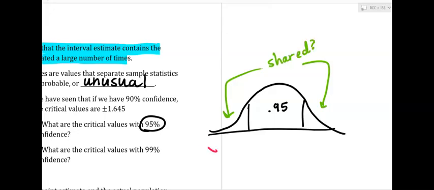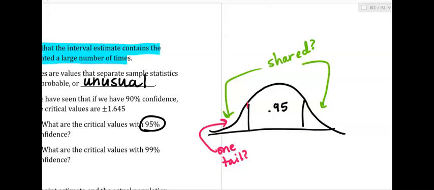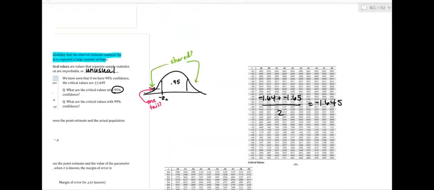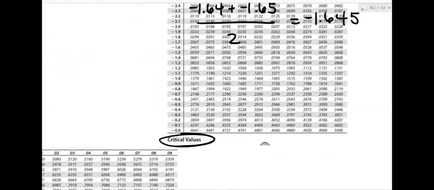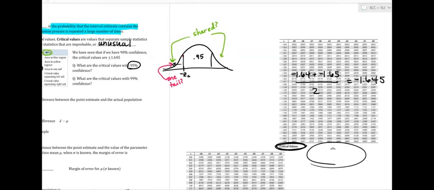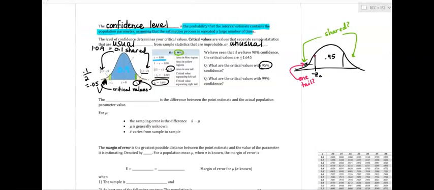And then you need to take half of the shared data to see how much data is just in one tail. And once you know how much is in one tail, you can then go find this negative critical value, because it should be having that as a left area. Okay, and my screenshot is not complete, but the standard normal table actually does include different critical values for very common confidence levels. So keep that in mind.